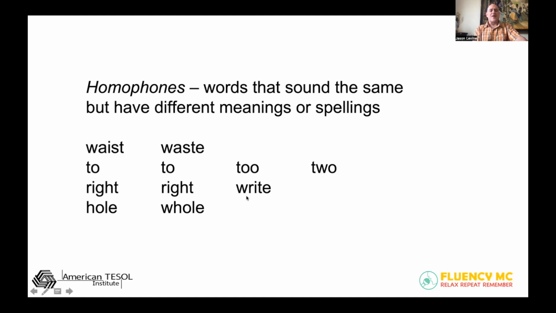And then, right. Well, clearly we have right and right, meaning whatever you're thinking right means, and to write. But look at right and right. Polysemy, different entries in the dictionary, right? Right meaning correct, and right meaning a right turn.